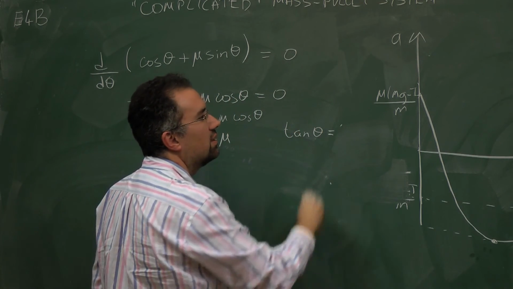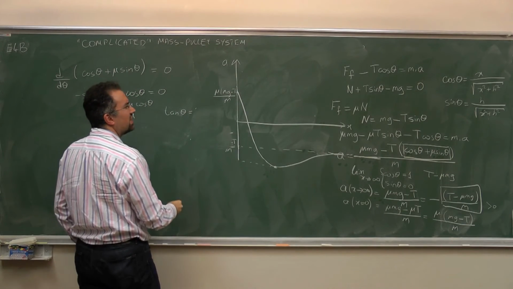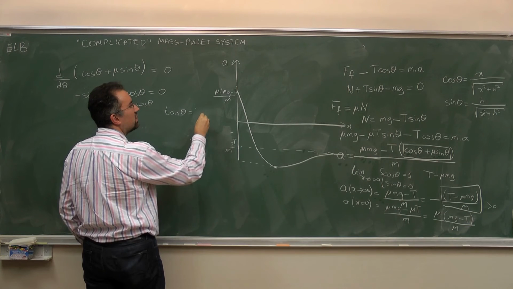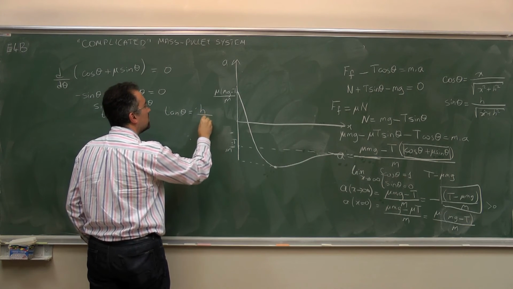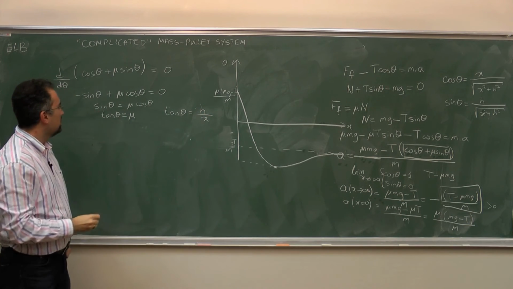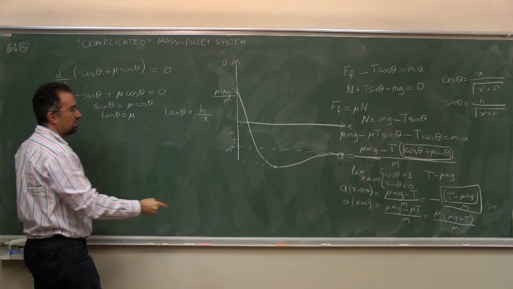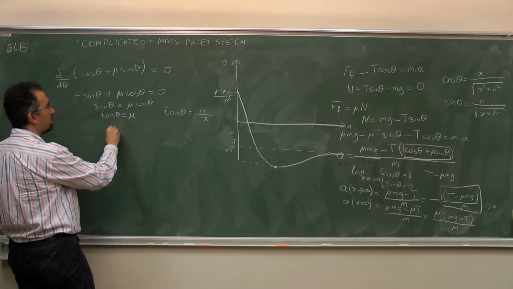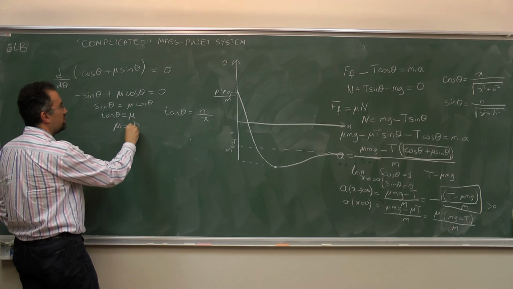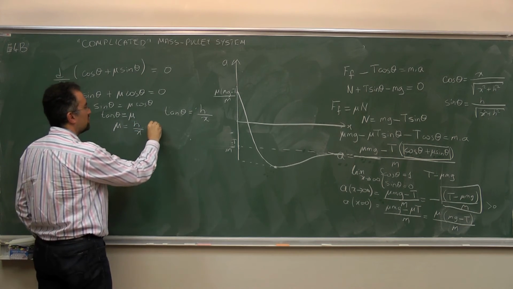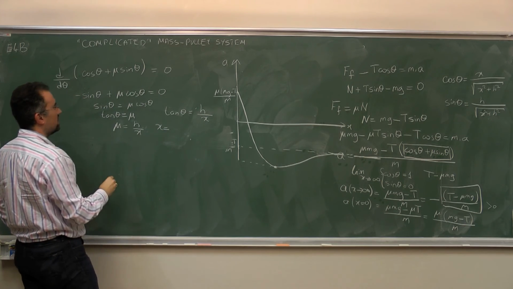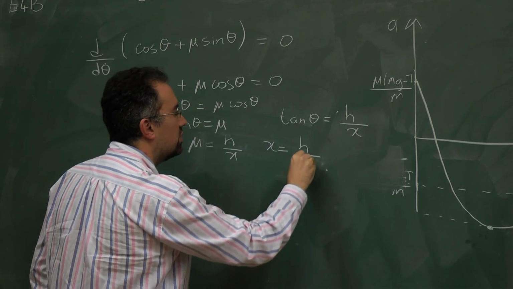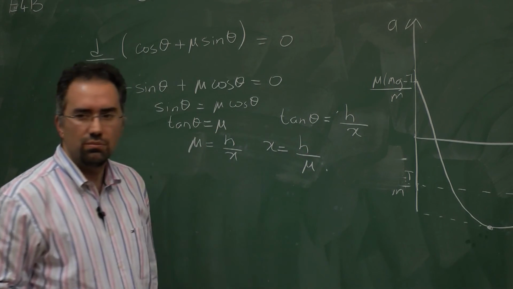Tangent theta, you can just see from the equations there, cosine and sine, without even referring to the figure, is just h over x. So the point of maximum acceleration happens when mu equals h over x. Solving for x, this happens when x equals h over mu.